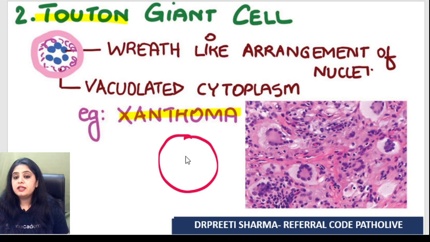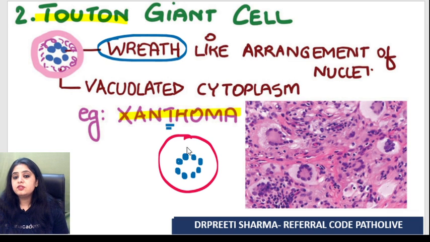The nuclei are like a wreath. Wreath is that round thing which is put on the grave of a dead person. So that is a round wreath-like arrangement of the nuclei. And if it is a fatty disorder, will I see the cytoplasm which is pink, or will I see some white holes in it?